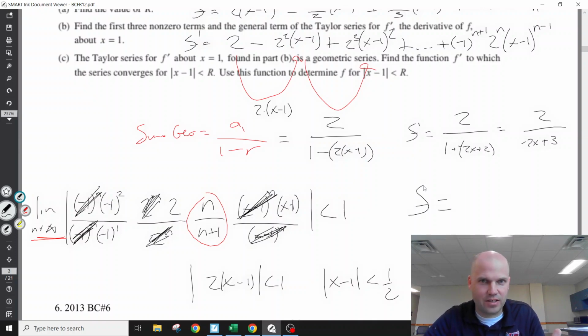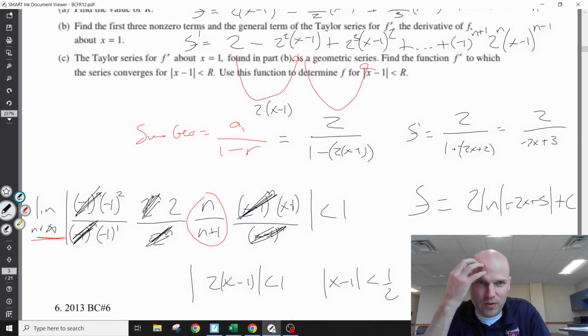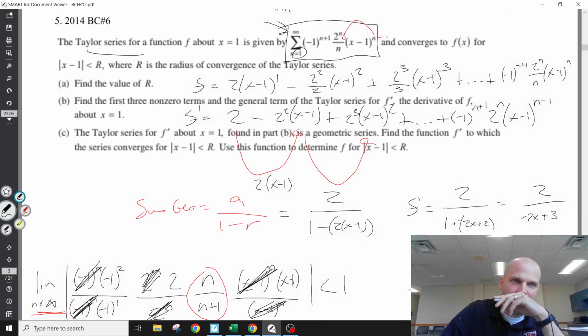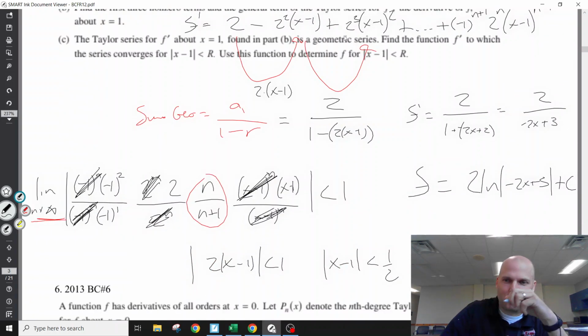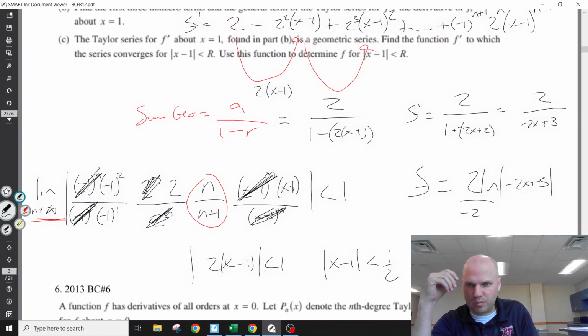I'm going to take the antiderivative. 2 log absolute negative 2x plus 3, plus c. I feel like there's something about that plus c, which I'll just leave off because I don't know where that would come into play. Don't forget to undo the derivative of the inside with a negative 1/2, which means f is probably negative log absolute negative 2x plus 3.